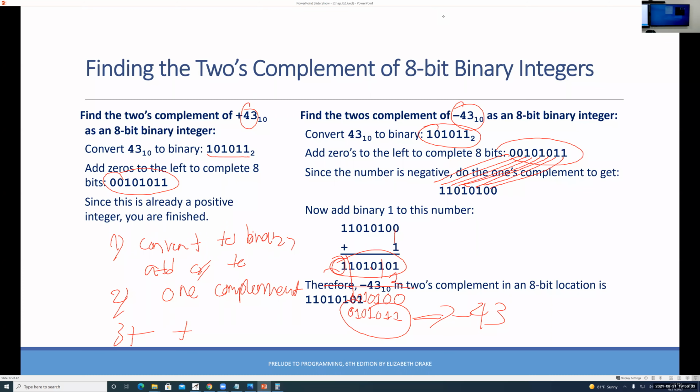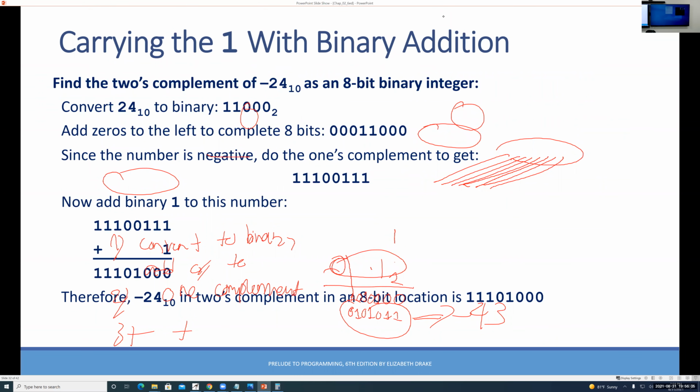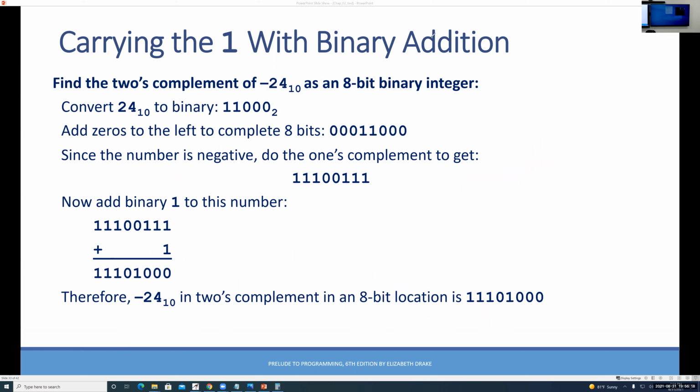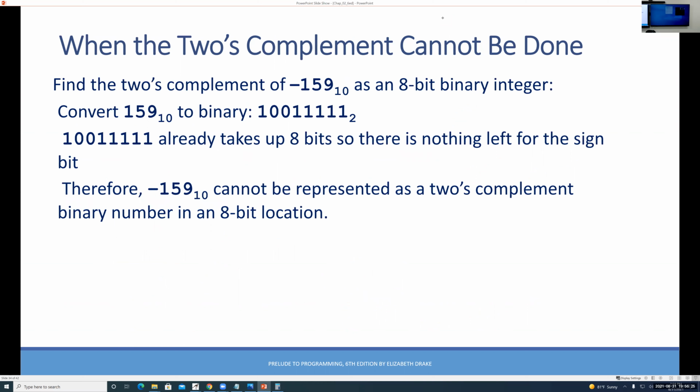Now we have to find out why the 2's complement solves the problem with 0 here. Okay, this one is integer overflow, right? Because you see, if you have 8 bits, you have 1 bit for the sign.